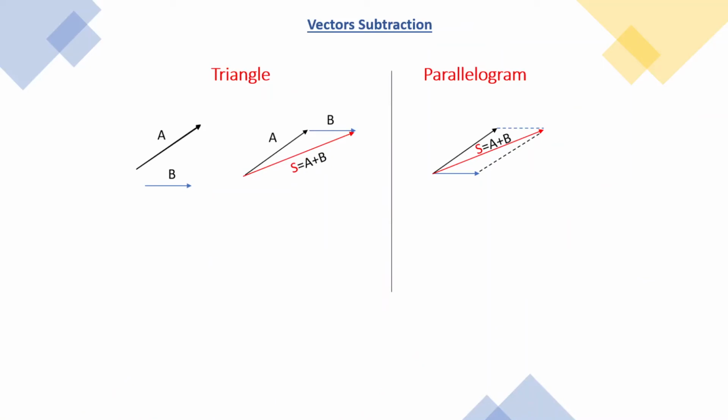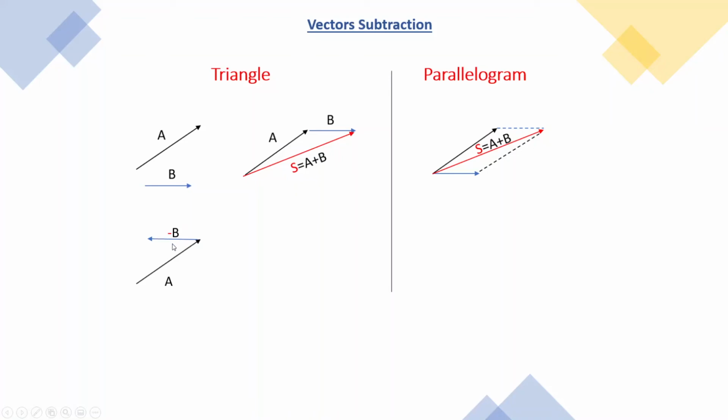So now, how can we subtract two vectors? Assume you would like to subtract vector B from A. If you use the triangle method, you draw vector A from another point, but this time, instead of drawing vector B from the tip of vector A, you should draw vector minus B, or negative of vector B. What is minus B, or negative of vector B?